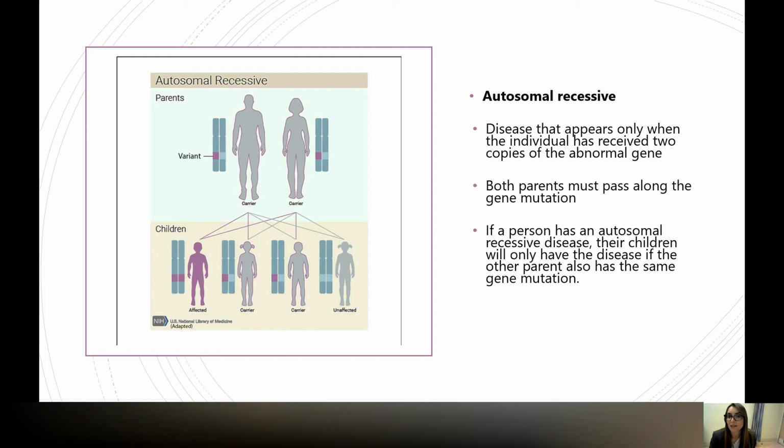In that case, you would have to have a child with someone who also has another gene mutated, because since you're only passing along one abnormal gene, you would need to be married to someone that would also have an abnormal gene in order to have children with the same disease. So it's more difficult to transmit that to your offspring if you have an autosomal recessive disease.